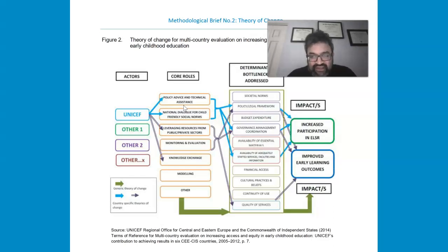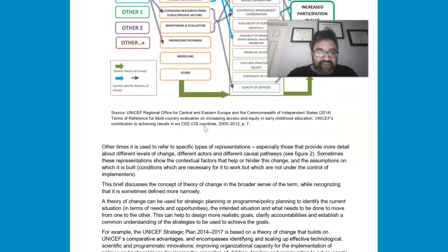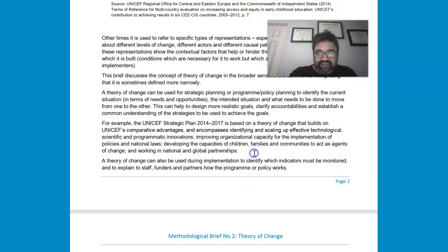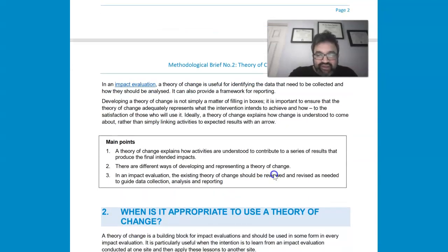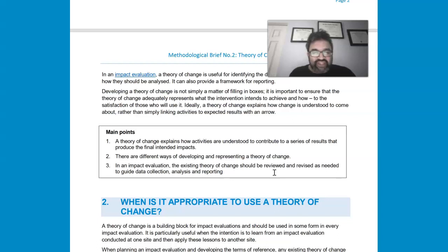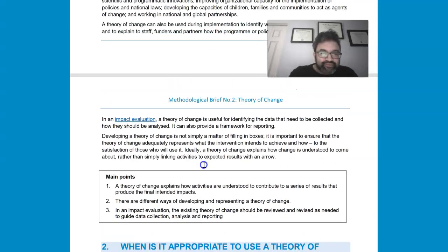So these lead to the impacts, and these may be impact, increased participation, ideally in early learning, early education, improved early learning outcomes, and so these are the impacts. So that's an example of how a nice theory of change might follow.